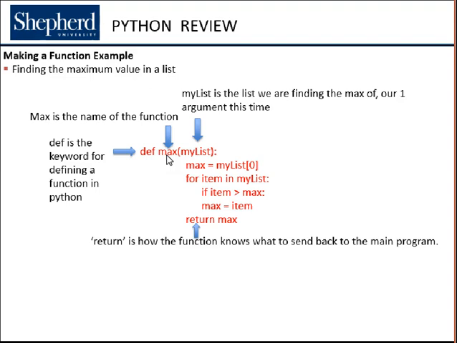Here we're going to just get the maximum value in a list, so we decided to call it max. Then in parens we're going to give it a set of arguments. So here we're going to send in a list, because we want to find the maximum value in that particular list.